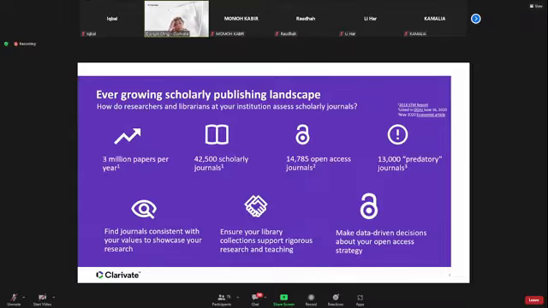Now, because of the lucrative nature of being able to collect something called an article processing charge, together with the need of researchers to publish, a lot of these journals become a little bit unethical. So there is a more and more increase in the number of predatory journals out there. And what defines a predatory journal is not exactly really clear.